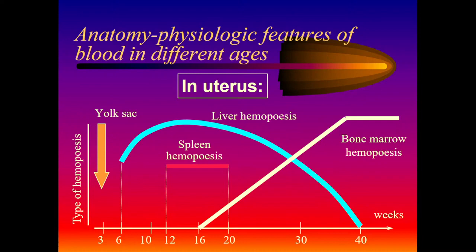In utero, it is in the yolk sac, and during all periods of pregnancy in the liver. Spleen hematopoiesis occurs between 12 to 20 weeks of gestation, and from 16 weeks in utero, bone marrow hematopoiesis starts.